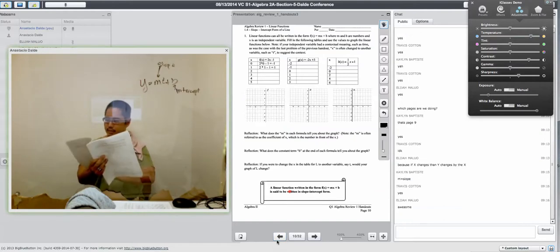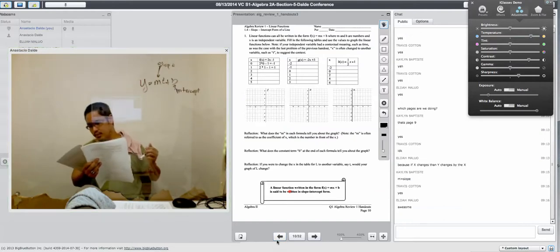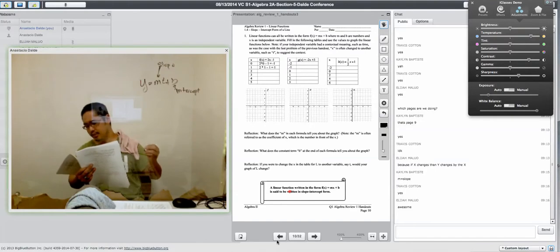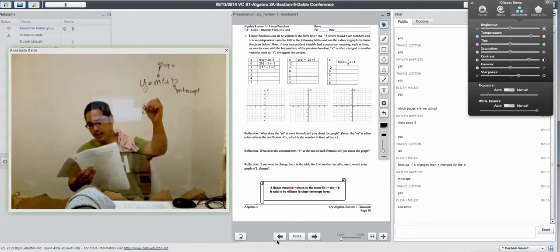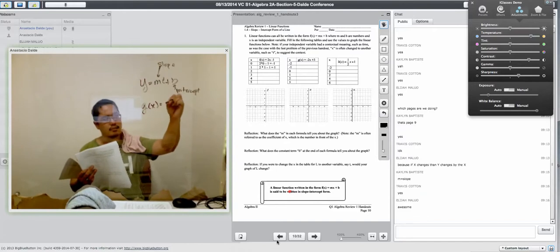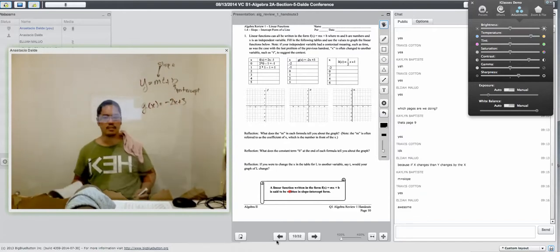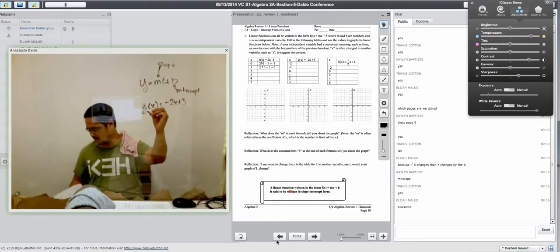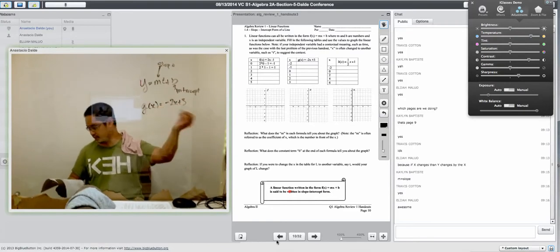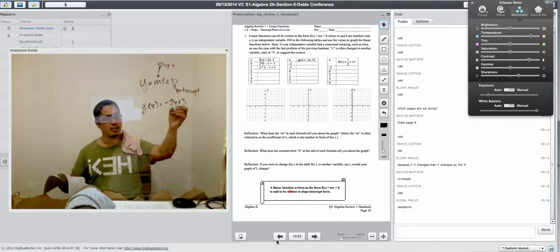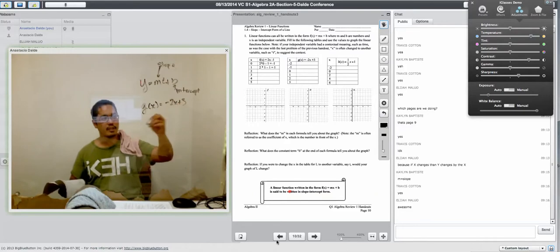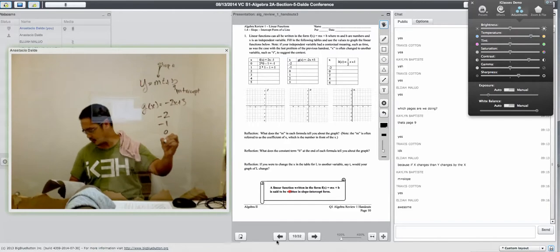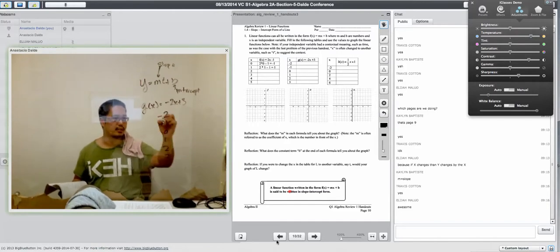So what we have here is they gave us g(x) = -2x + 3. So basically what you're saying is, give me an x and I'll tell you what g(x) is. If I give you an x, you can make a table for me and you go -2, -1, 0, 1, 2, and 3.